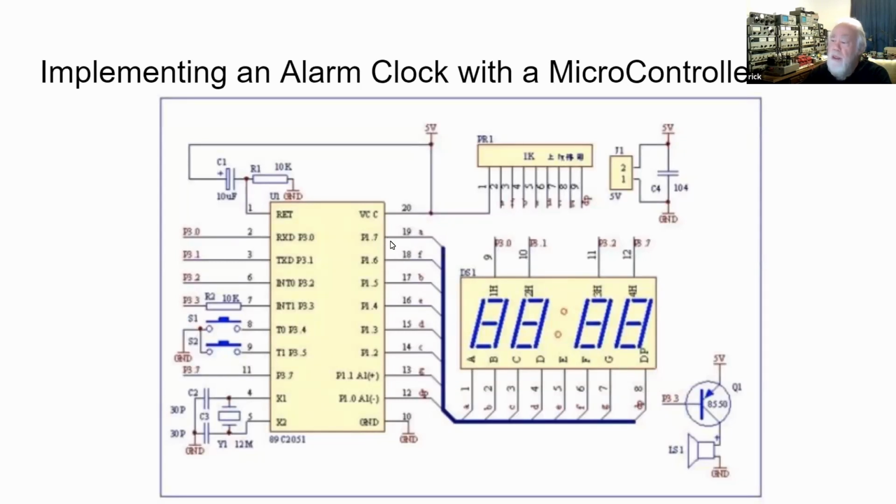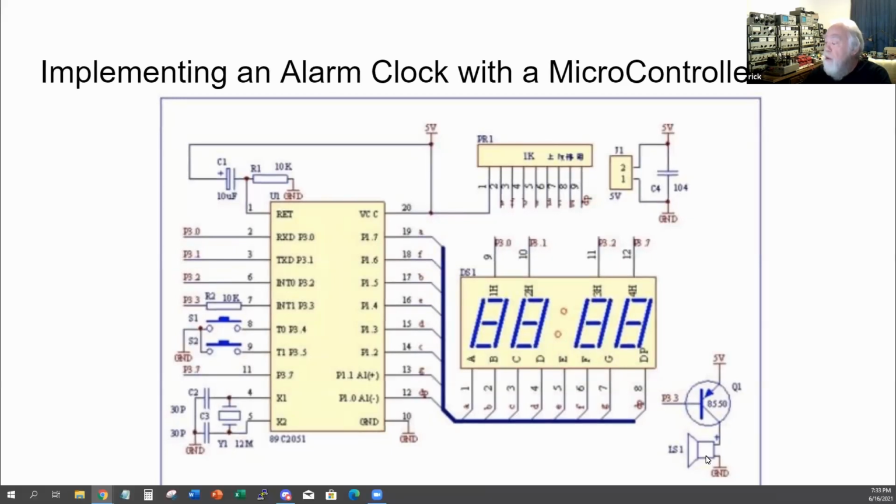It has several other external components such as the display, a capacitor, a resistor bank, some switches to set the clock, a clock crystal, and an output device called a speaker or a buzzer that allows you to use it as an alarm clock with a transistor controlling it, just like I showed you before, where you can use a transistor as an alarm to provide current for an output device.